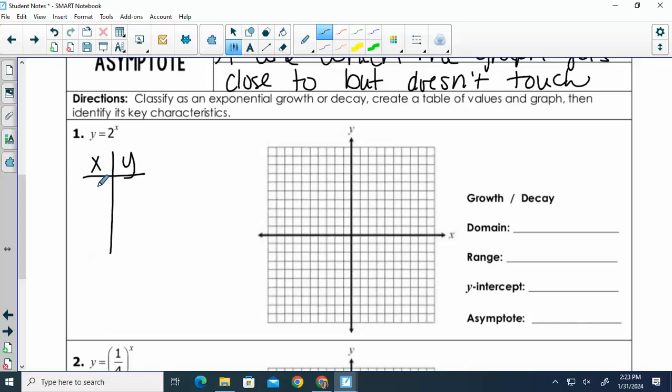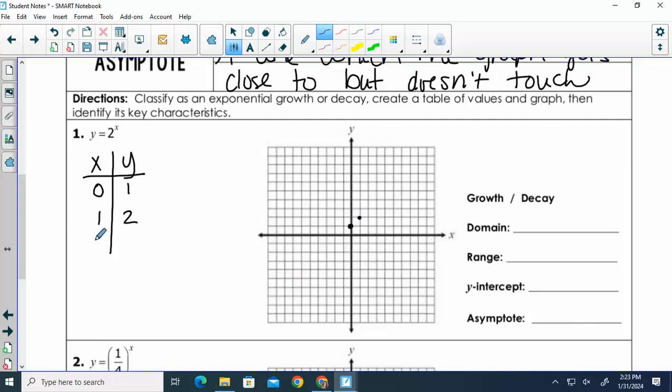Okay, if we put in 0, what is 2 to the 0 power? 1. Anything to the 0 power is 1. If we put in a 1, what is 2 to the first? 2.